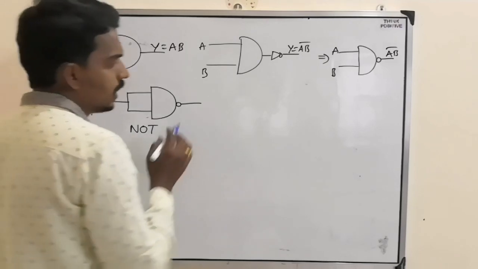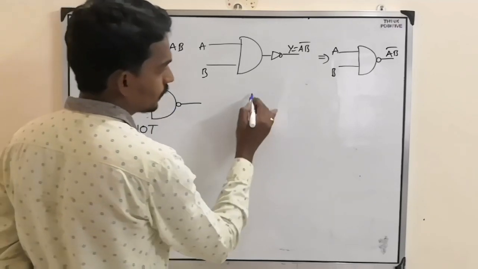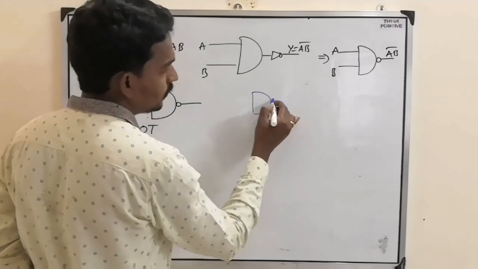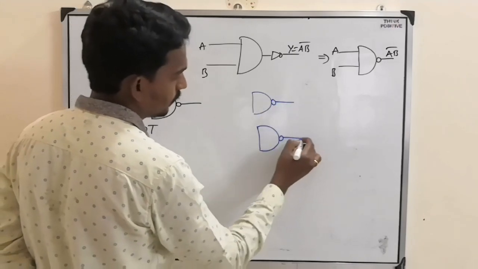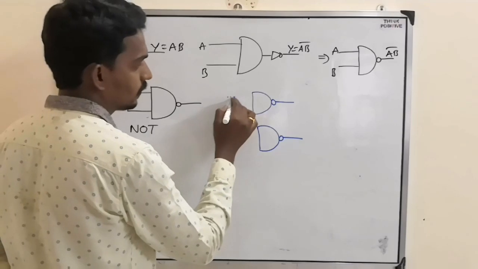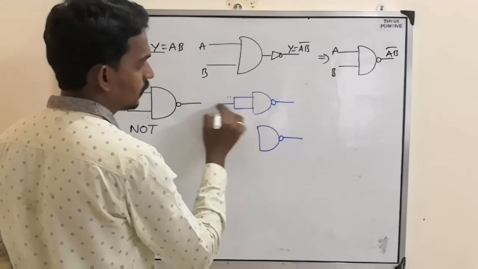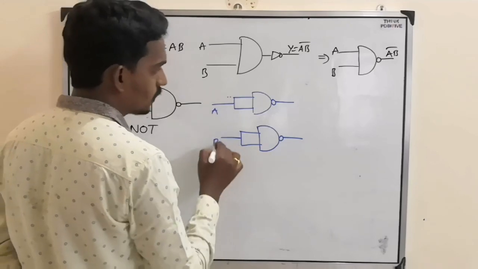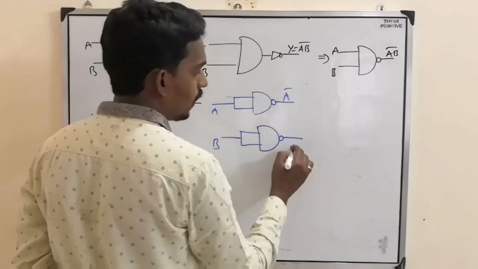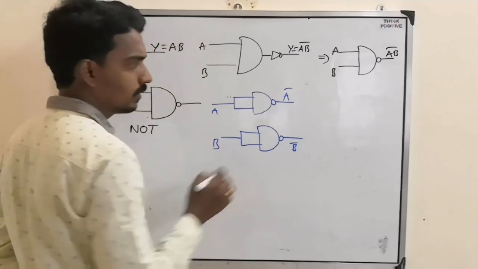Then take, suppose, two NAND gates. Now this is A, this is B. Here you will get A bar, here you will get B bar.